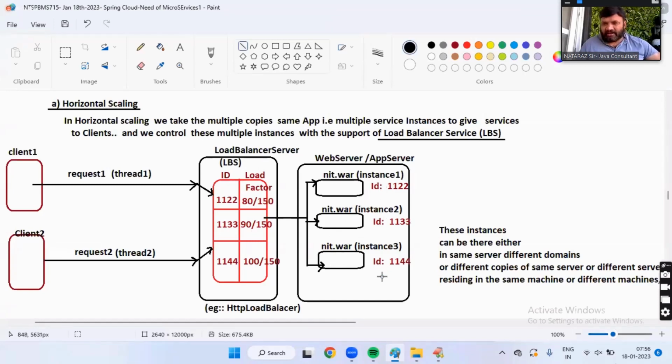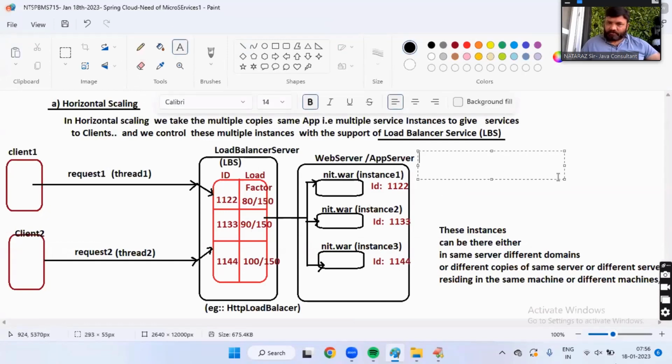Web server or application server, maybe multiple copies of the same. How many instances are there? Three instances are there. Every instance has some ID: 1122, 1133, 1144. We can take multiple web servers or app servers.